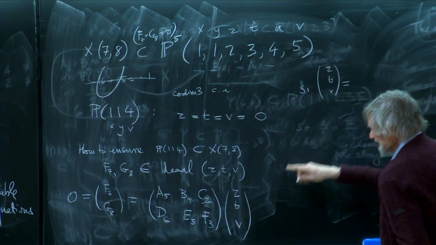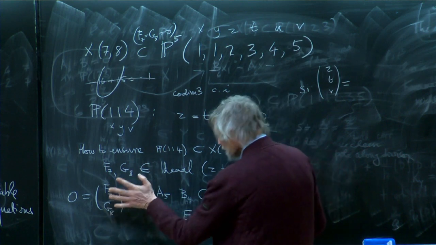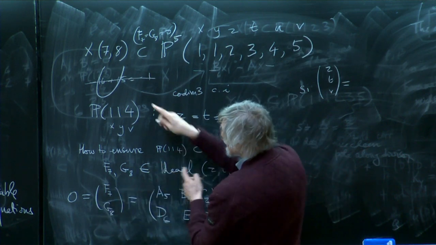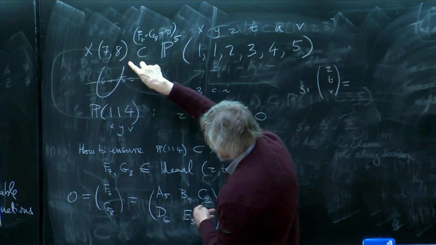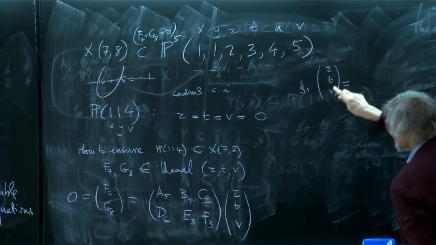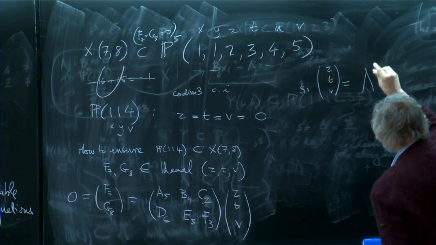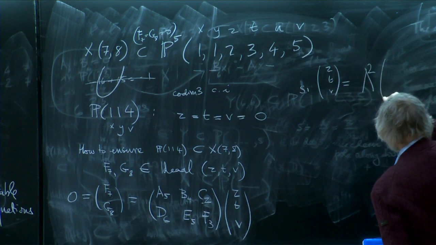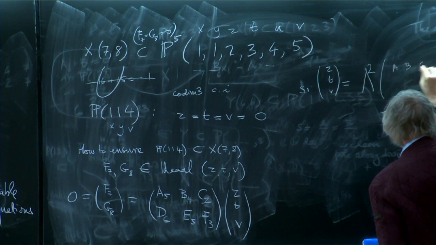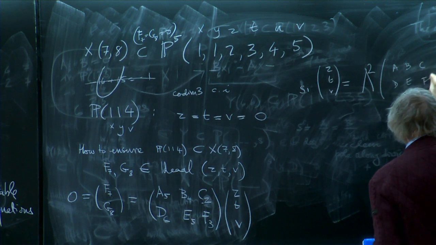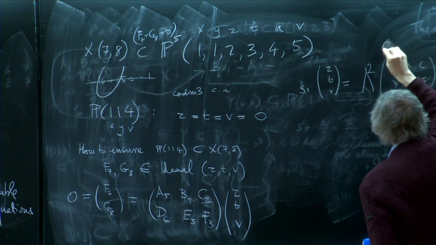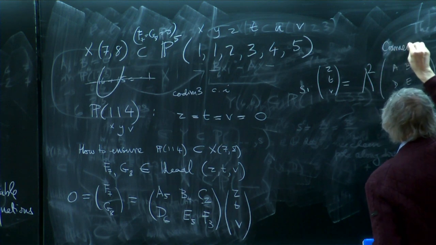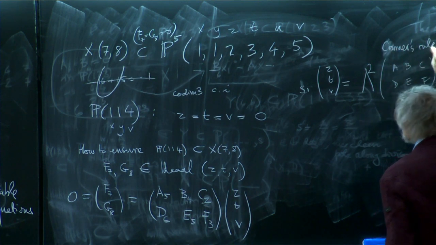So I want to say that these are homogeneous linear equations. We're working inside the function field of X, or the functions on X, right? So this is wedge 2 of that matrix, A, B, C, D, E, F. This is Cramer's law. Yes?